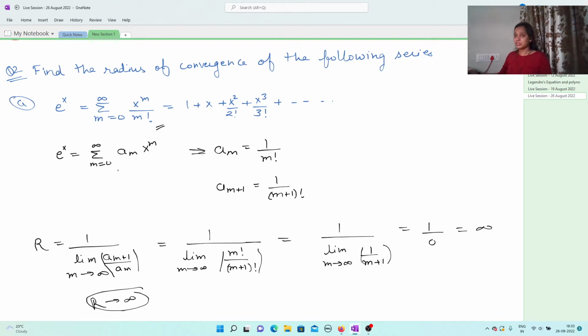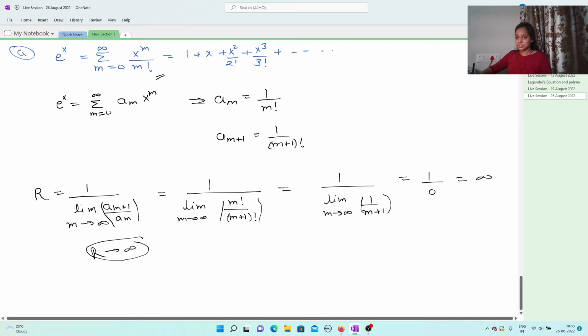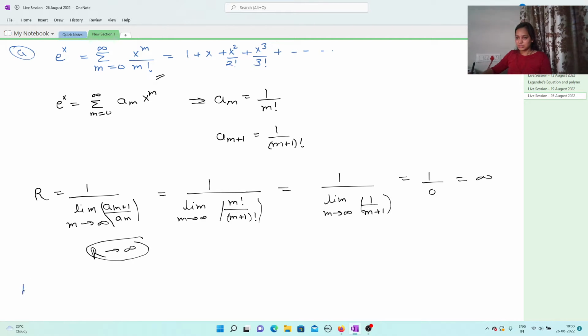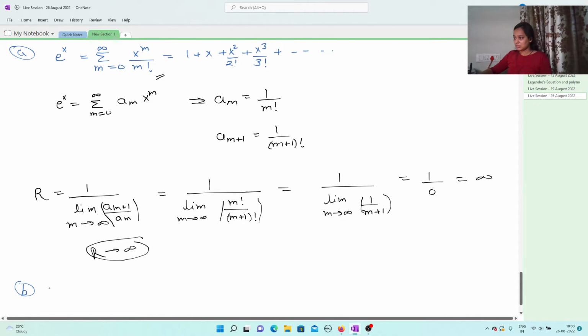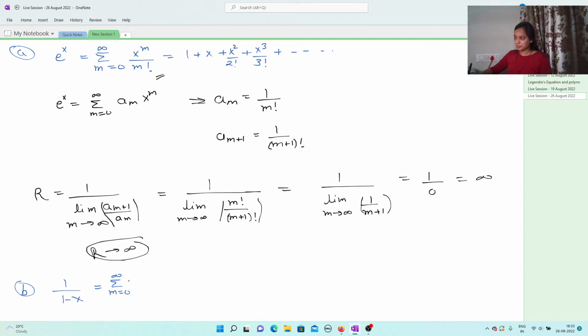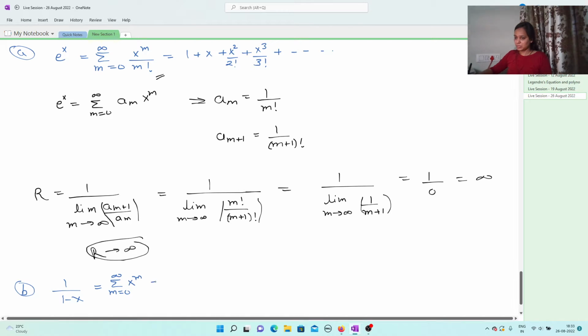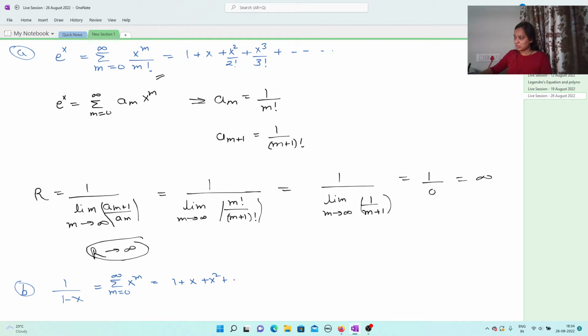Okay, if not, then let's see the second series for which we need to find the radius of convergence, that is 1 over 1 minus x equals summation n equals 0 to infinity x to the power n, and this can be written as 1 plus x plus x square and so on.